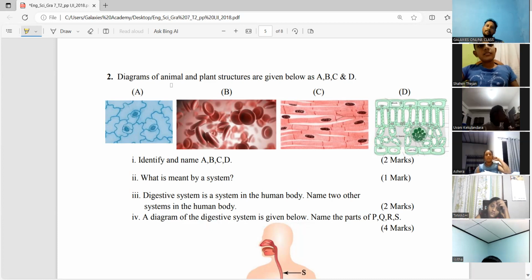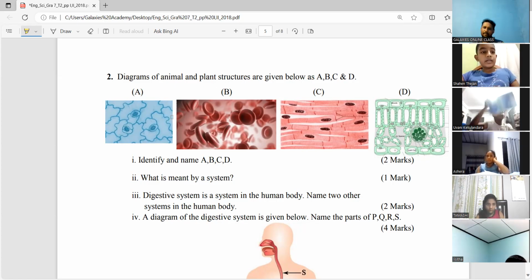Diagrams of animal and plant structures are given below as A, B, C, and D. For the first part, identify the names of A, B, C, D. Right, what is A? Cheek cells? Not cheek cells.